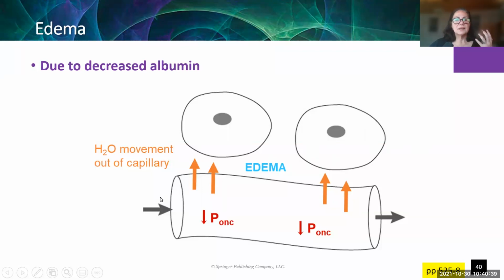Blood flows through the capillary. Clearly, some stuff is going to leave the capillaries. That's the way capillaries are supposed to work. But then stuff is supposed to come back into the capillary and continue on its way in the vein and back towards the heart. What happens here is because of the oncotic pressure of the blood, and again, oncotic is the specific term that's used.